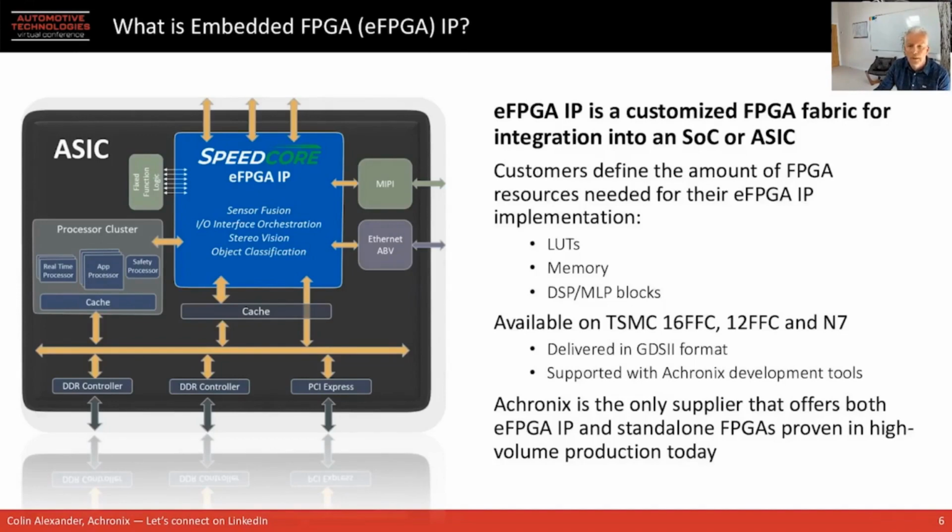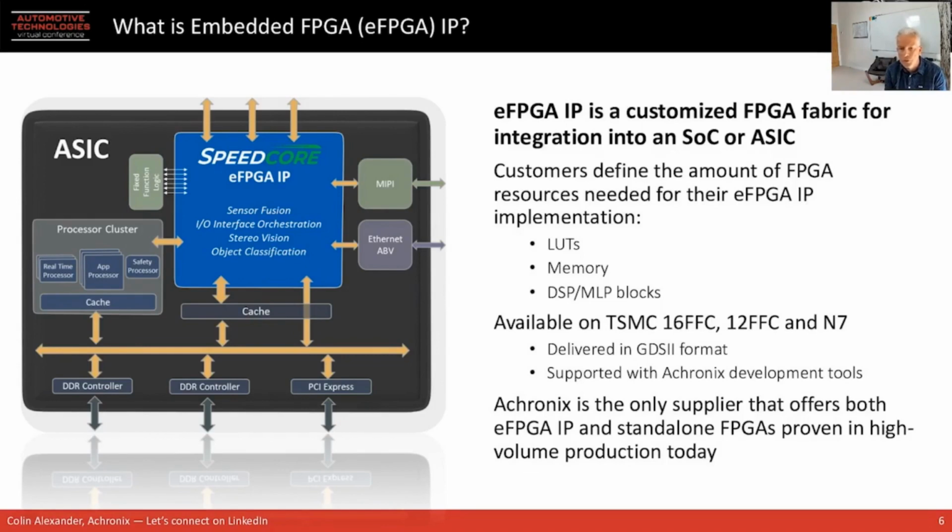So what exactly is embedded FPGA and how does it work? An embedded FPGA is a licensable ASIC IP core that can be embedded in just about any other IP core as well as into any particular ASIC. The eFPGA IP block illustrated is a typical example.